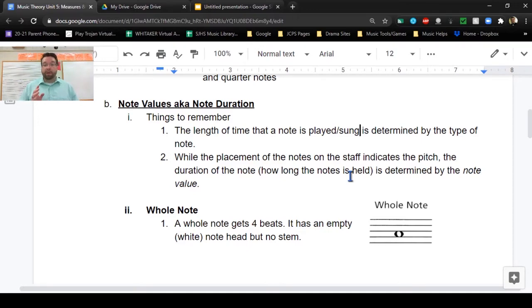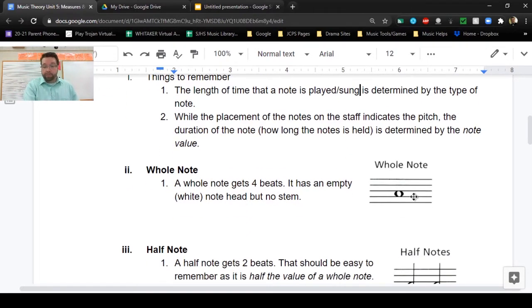For now, we're going to be covering three note values. A whole note, if you notice here, looks like a little tiny donut, which is what we've been using thus far. Thus far, a whole note gets 4 beats. If you remember back in our very first few units, we were talking about the beat. 1, 2, 3, 4.